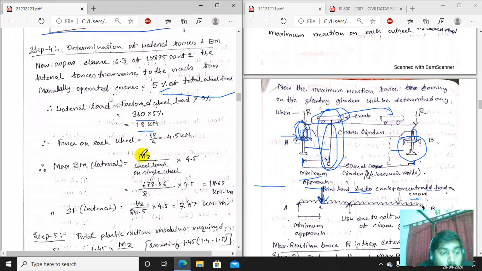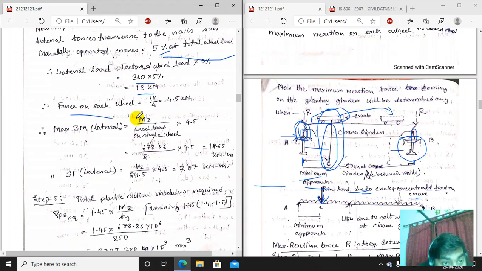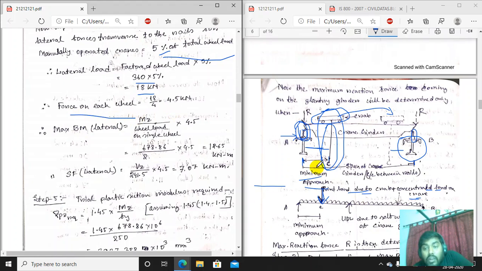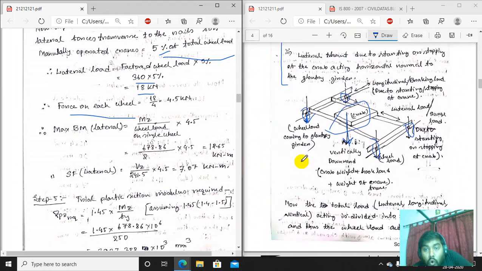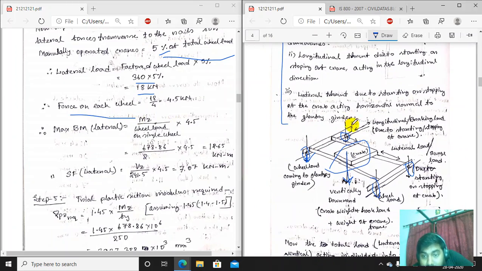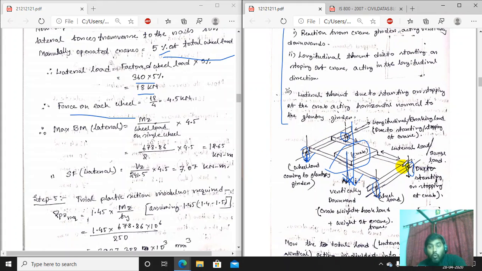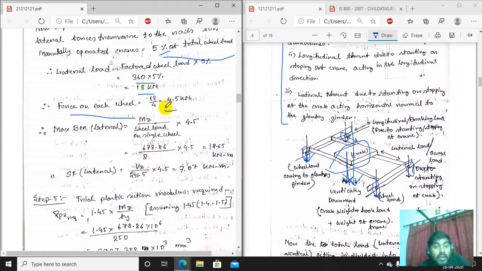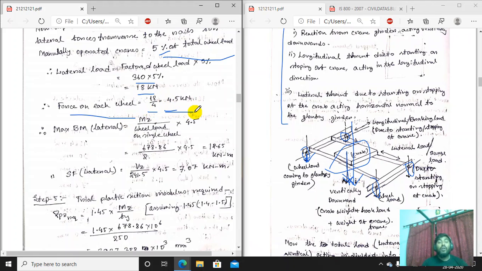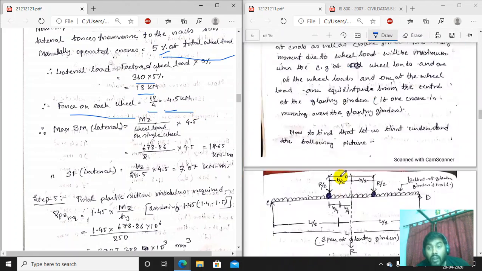Okay, now what is the force on each wheel? The concentrated force is acting on all 4 wheels. So the lateral force coming to one wheel will be that load divided by 4, that is equal to 4.5 kilonewton. So we have got the value of the one wheel load.